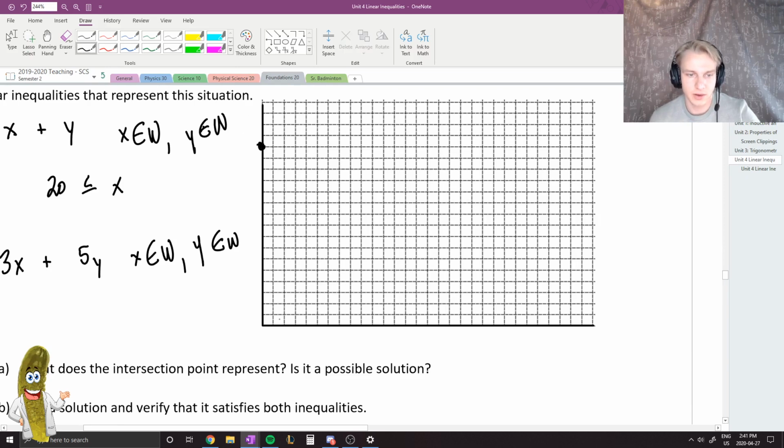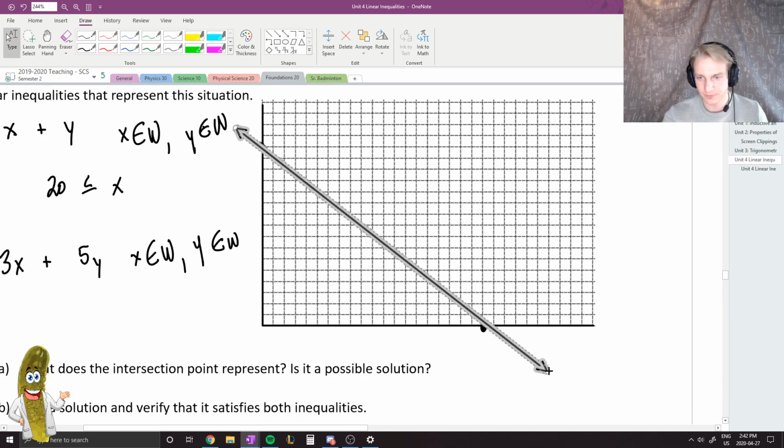And then this one, 1, 2, 3, 4, 5, 6, 7, 8, 9, 10, 11, 12, 13, 14, 15, 16, 17, 18, 19, 20. That's about right. Okay, so that's my first little black point there, my first little line, and I'm going to connect these two.